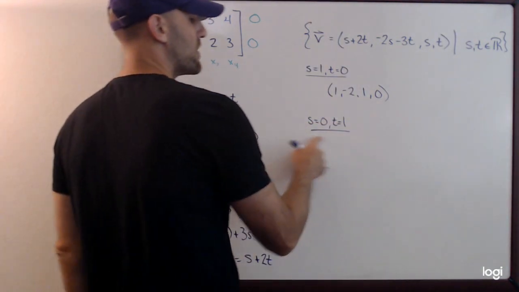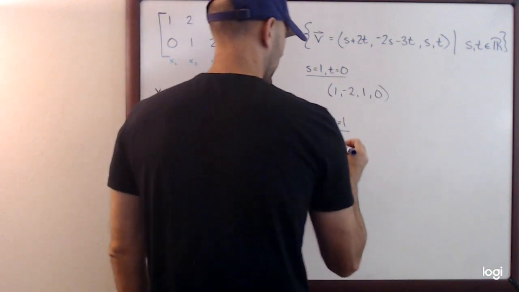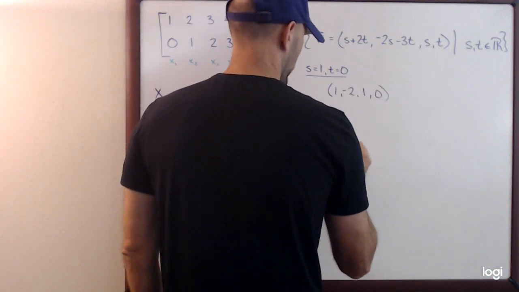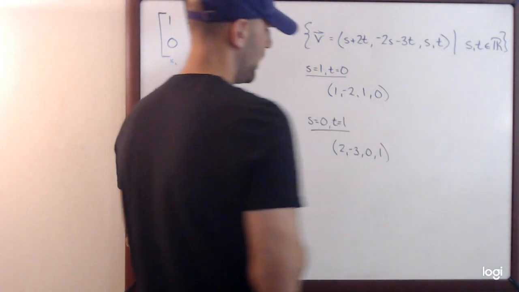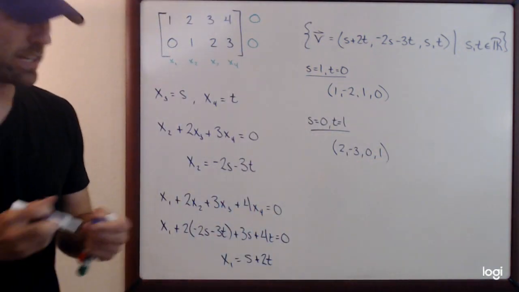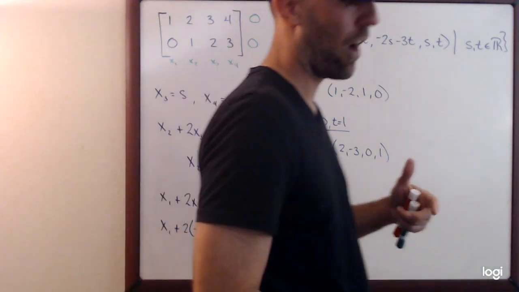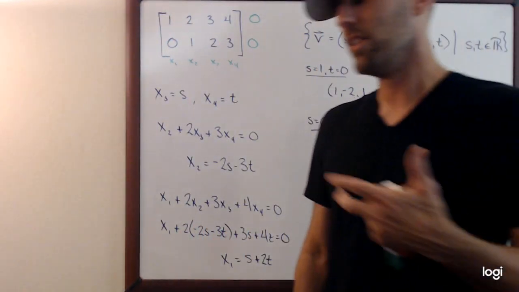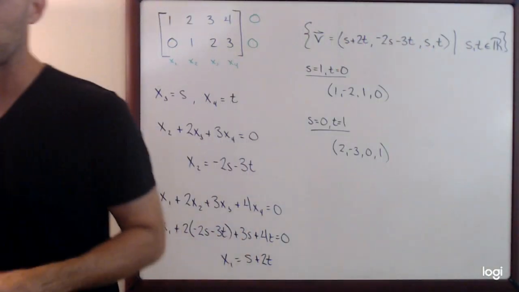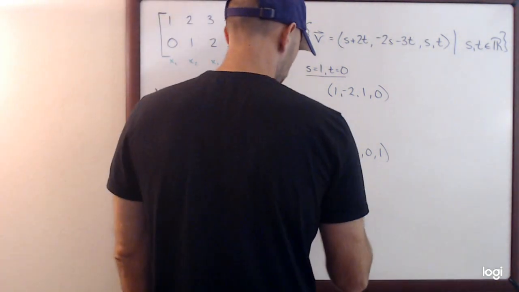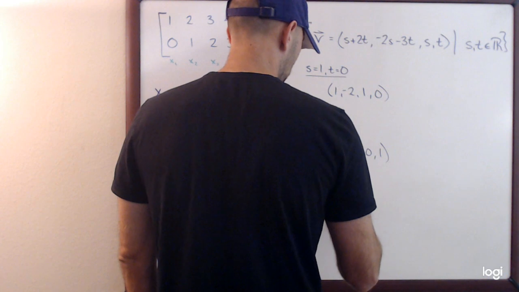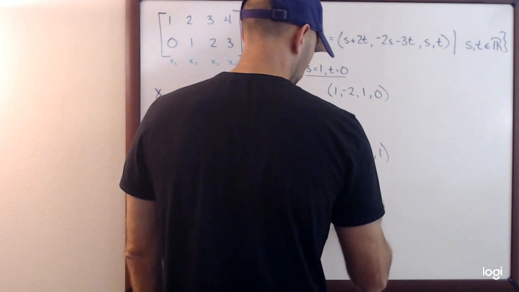You'll notice that this is going to give me a different vector when I plug it in. It's going to give me specifically 2, -3, 0, 1. Okay? Now the vectors I create in this way are guaranteed to be linearly independent. This is very useful. Because of that, I can use them as basis vectors for my null space.